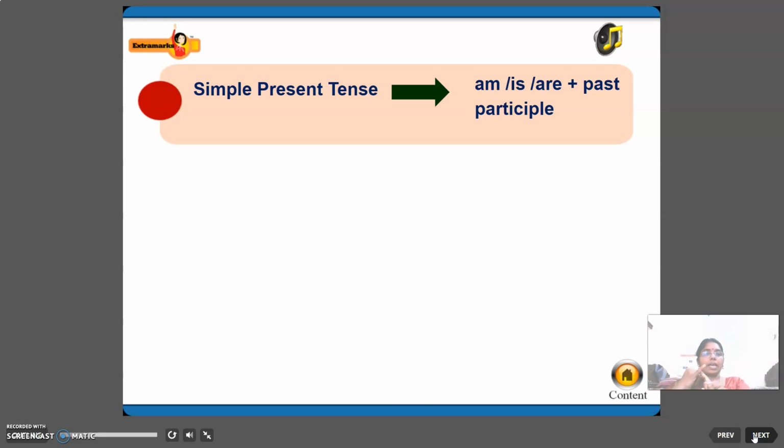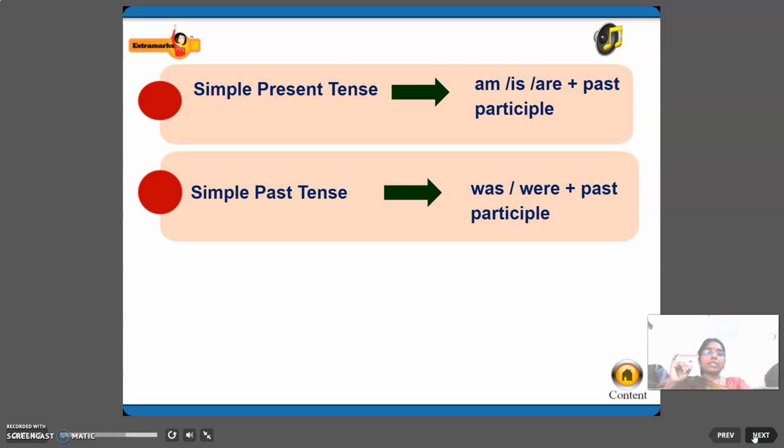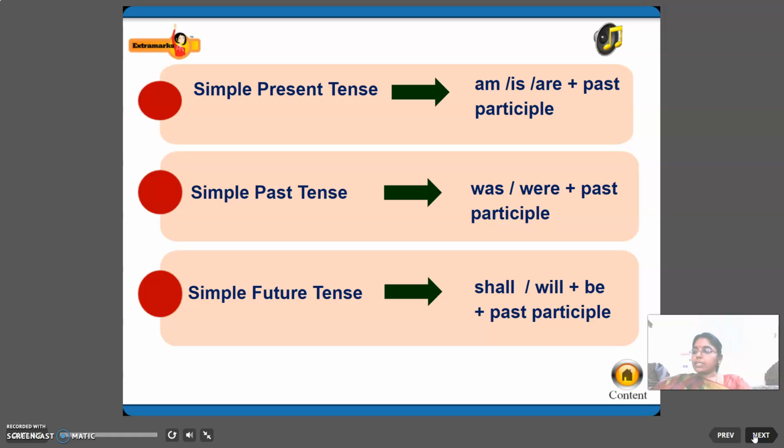First is am, is, are plus past participle form. Simple past tense: was, were plus past participle. Simple future tense: shall or will plus be plus past participle.